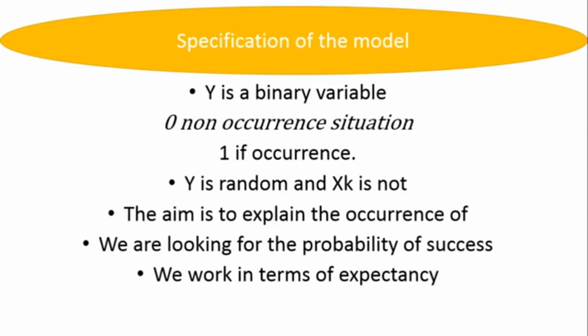As I told you earlier in this tutorial video, y is a binary variable that has two modalities: 0 in case of non-occurrence of the situation, and 1 in the case of occurrence of the situation. Y is supposed to be random, and your explanatory variables are supposed not to be random.